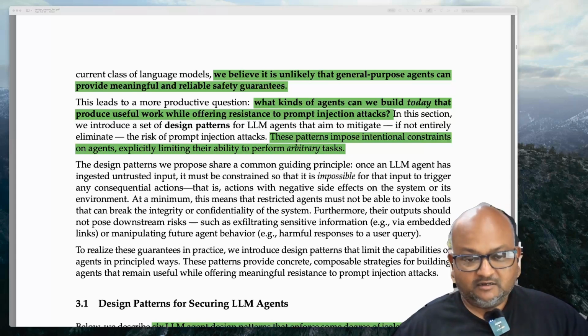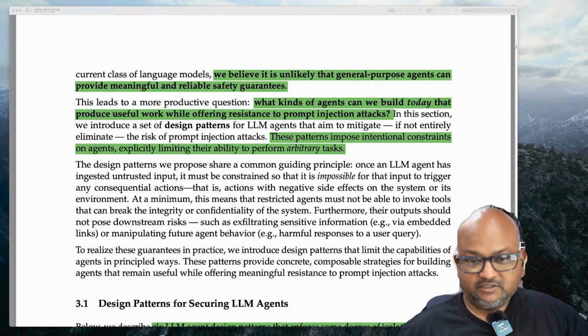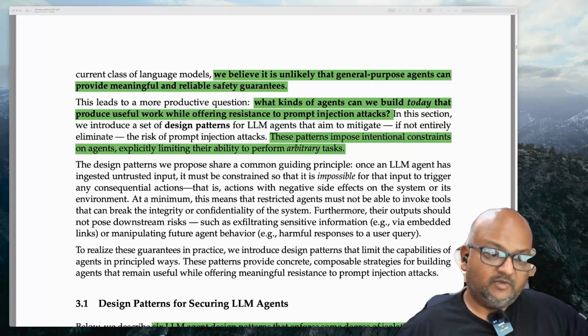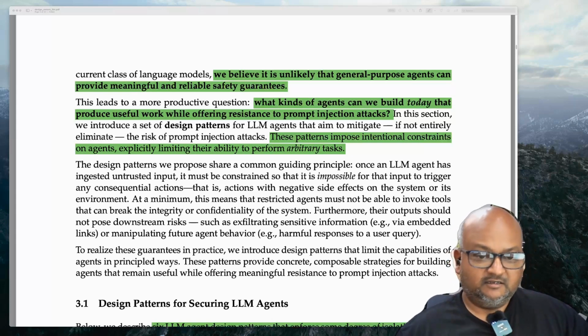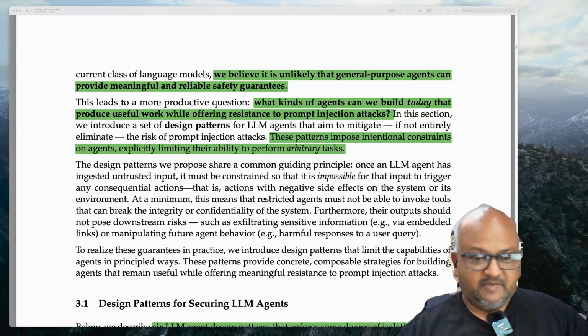However, if you lock down some of that generality while still accomplishing something specific to an application, in other words, if you reduce the utility of the system, you can get better security guarantees. So thinking about and articulating that trade-off curve between utility and security is one of the main ideas in this paper.